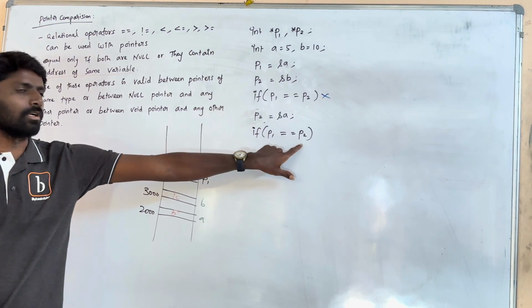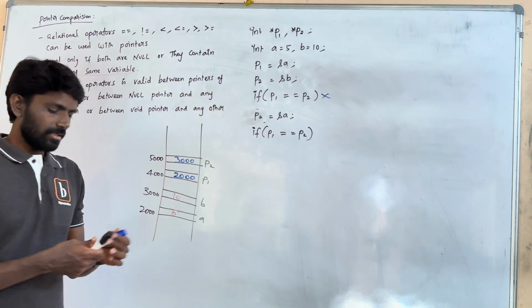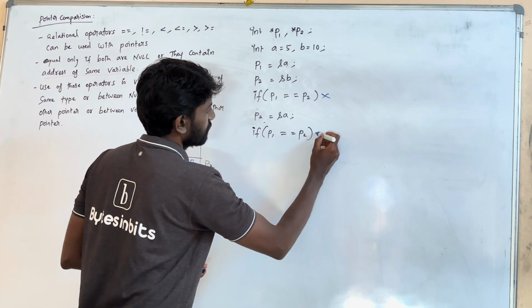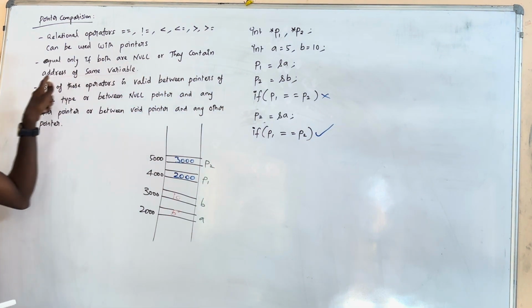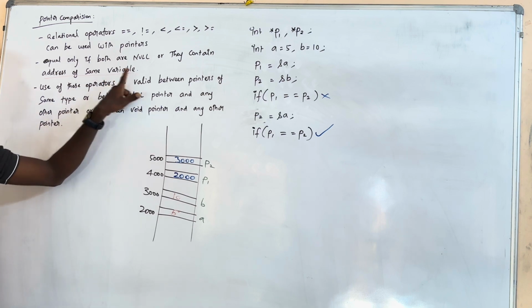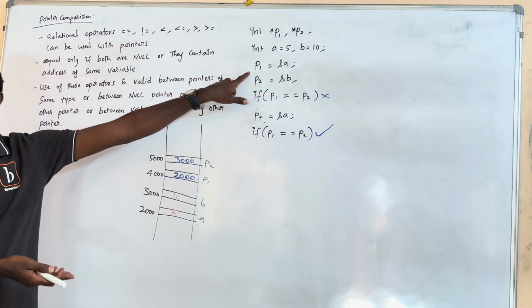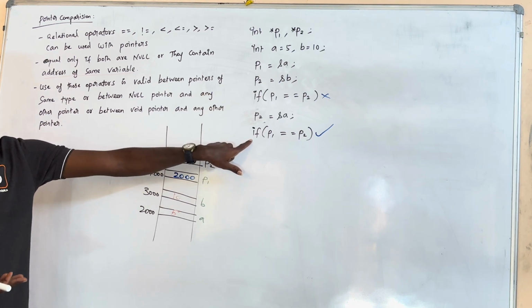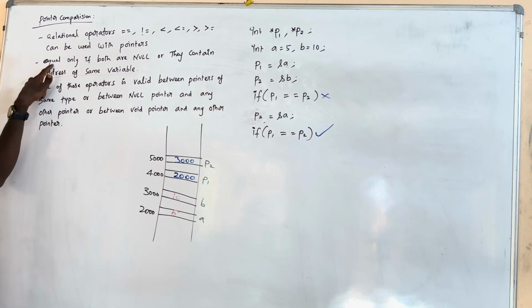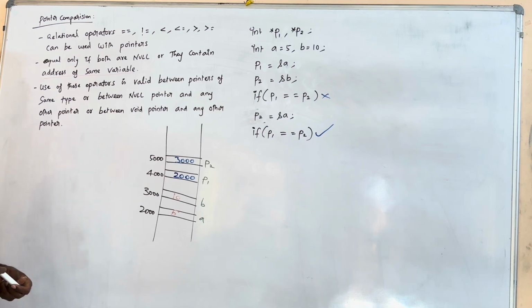So 2000 equal to 2000, it will be the same. That is what they are saying here: if they contain the address of the same variable. P1 has the address of a, P2 has the address of a, then the addresses will be equal. Or equal only if both are null.